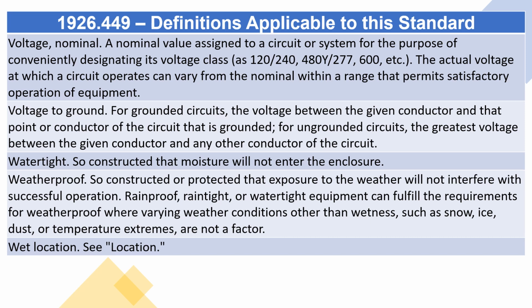So constructed that moisture will not enter the enclosure. Weatherproof. So constructed or protected that exposure to the weather will not interfere with successful operation. Rainproof, raintight, or watertight equipment can fulfill the requirements for weatherproof where varying weather conditions other than wetness, such as snow, ice, dust, or temperature extremes, are not a factor. Wet location. See location.